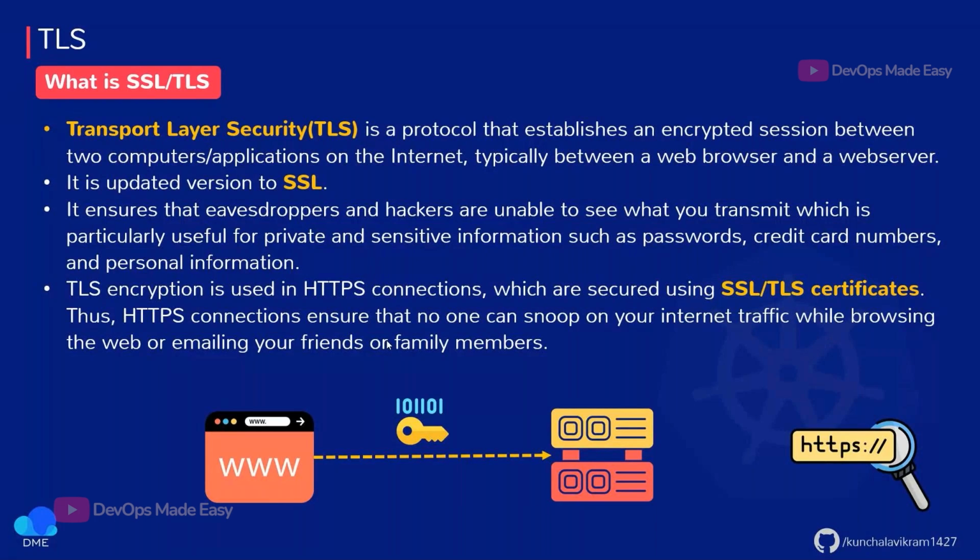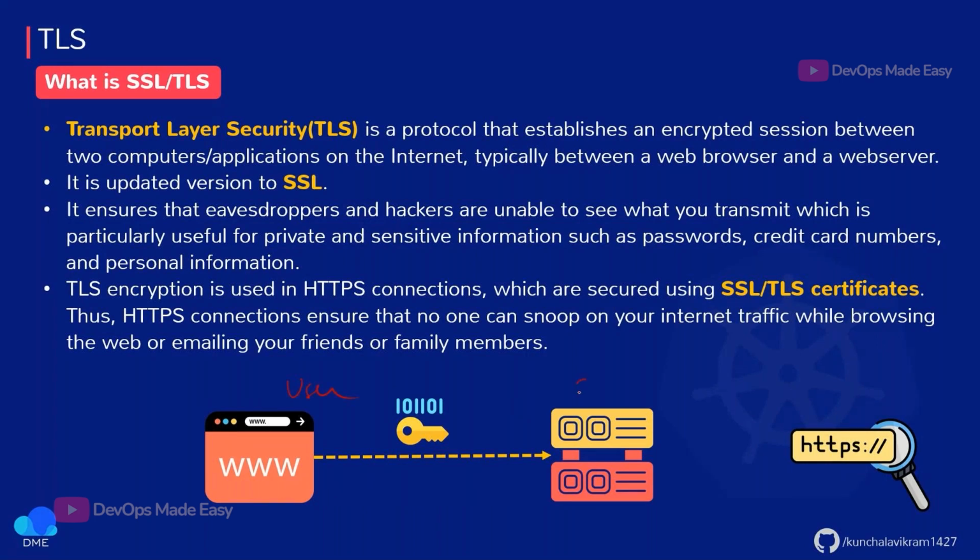Now let's understand it clearly. TLS is a protocol that we use to encrypt the data between two different applications. Ideally it will be between your browser and your web server, the server that is handling your application. But it is not always browser and server. It can be server to server, it can be client to server, it can be a user and a server, it can be anything.